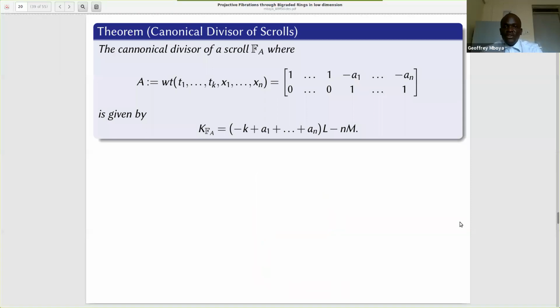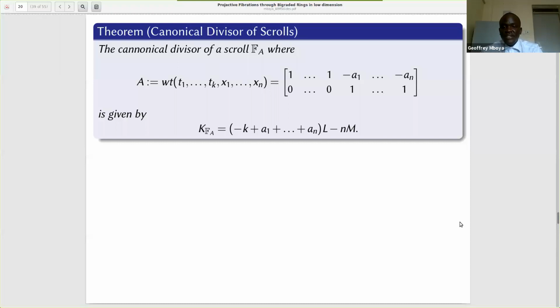So how is the canonical divisor of a scroll computed? This is a special line bundle which is very important in the classification of these varieties and in studying their birational geometry. The canonical divisor on a straight scroll of that weight is given by the formula you see on your screens.